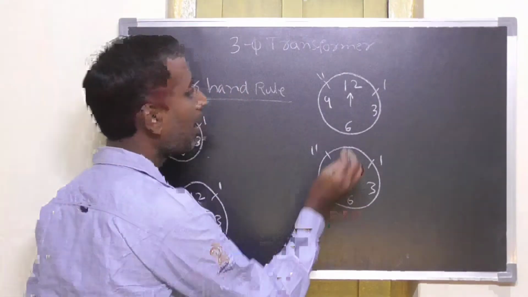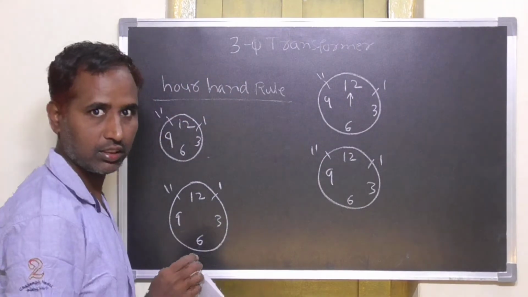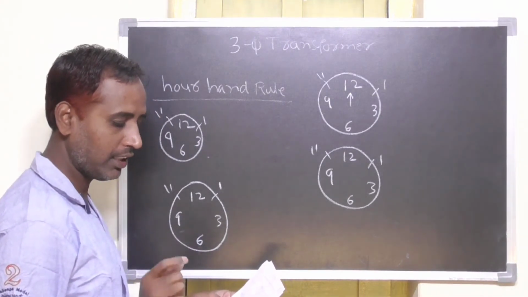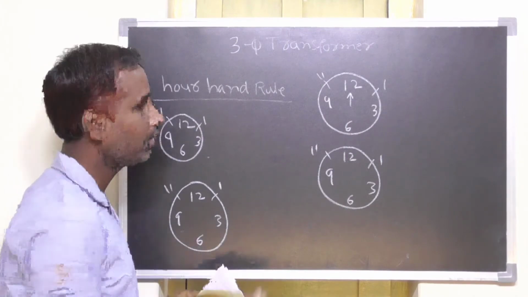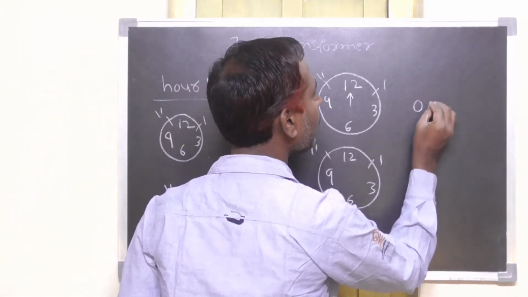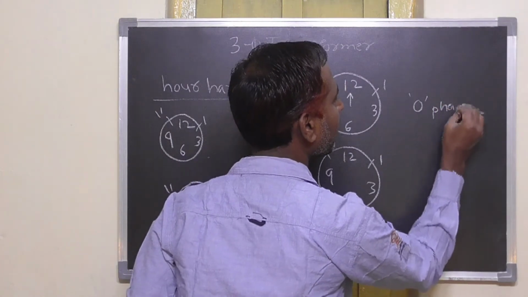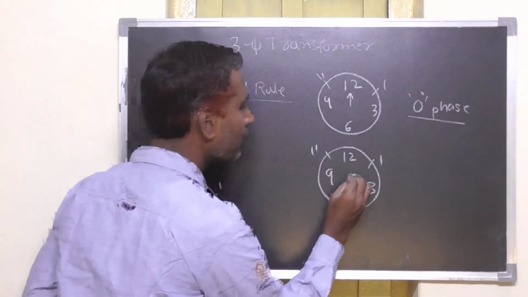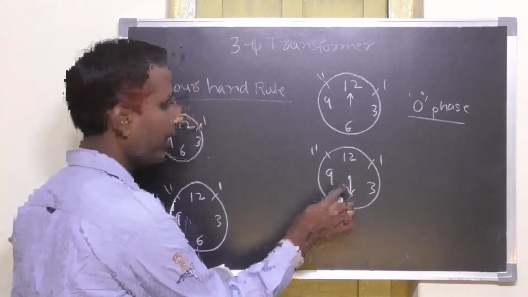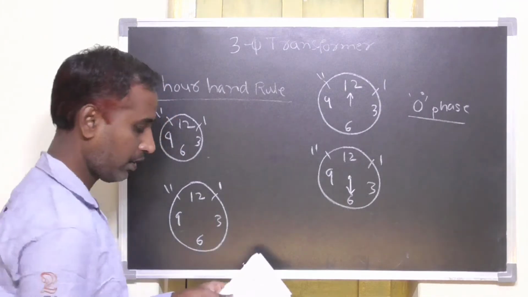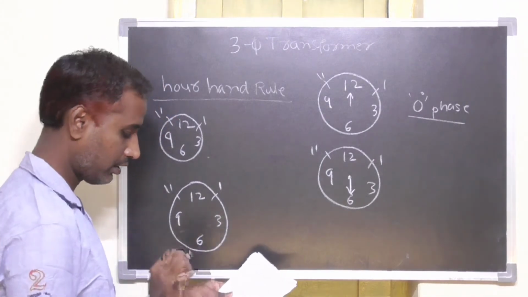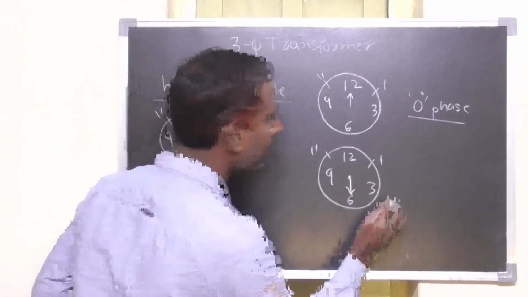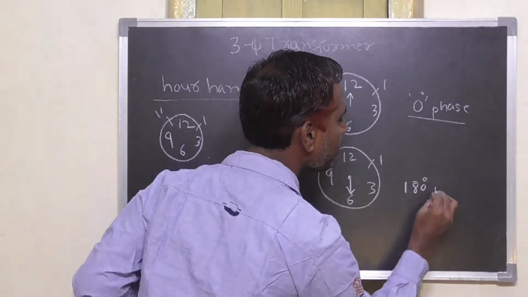When the hour hand of the clock is at the 12 o'clock position, it is considered zero phase displacement. If the hour hand is at 6 o'clock, the position is considered as 180 degree phase displacement.